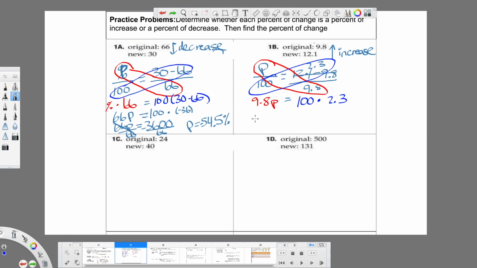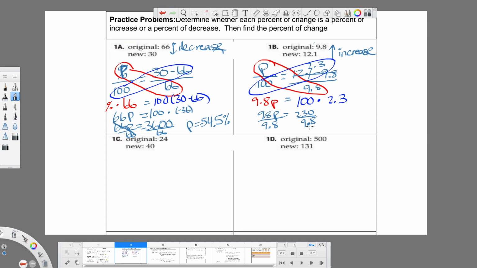So we have, let me switch back to blue. So 9.8p equals 230, because that's what we get when we multiply by 100. Again, I know it's 2 zeros, so I can just go 1, 2, and move that pretty quickly without having to use a calculator there. And then I'm multiplying by 9.8, so I'm going to divide by 9.8.